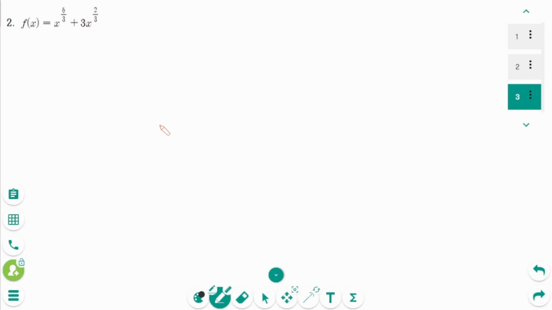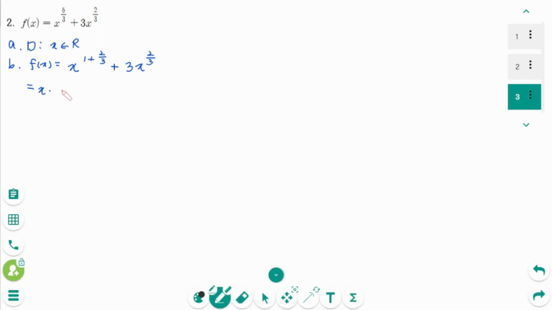Number 2, this is the last one. These are cube roots, so the inside of the radical can be all real numbers. Then the domain is all real numbers. f of x we can rewrite as x to the power of 1 plus 2 over 3, plus 3 times x to the power of 2 over 3.